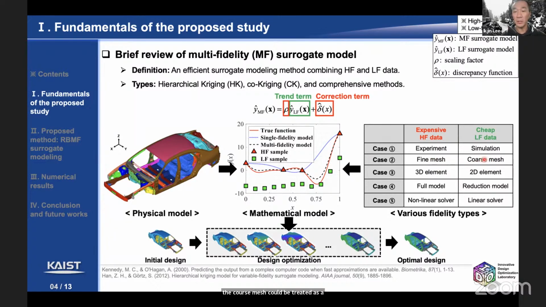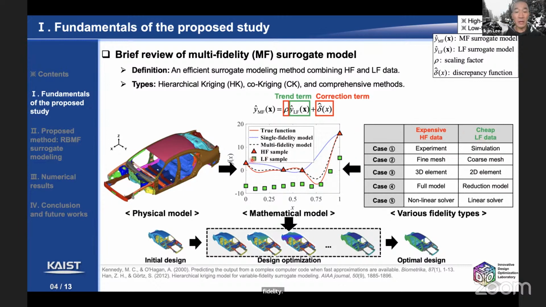And the 3D model can be treated as high fidelity, and the 2D model can be treated as low fidelity. So usually, high fidelity data are computationally expensive and treated as accurate results. And low fidelity is computationally cheap, but accuracy is also relatively poor compared with high fidelity data.